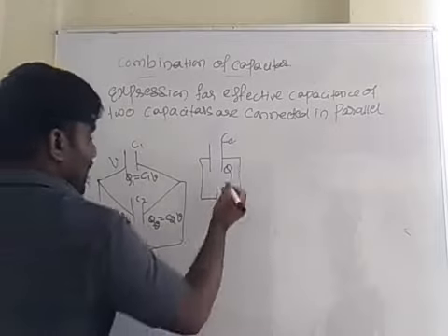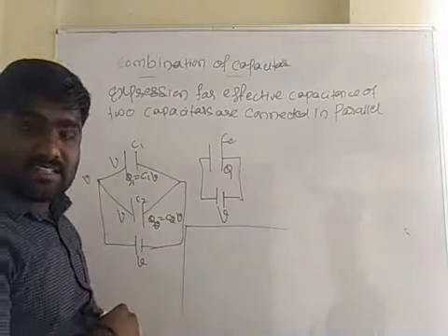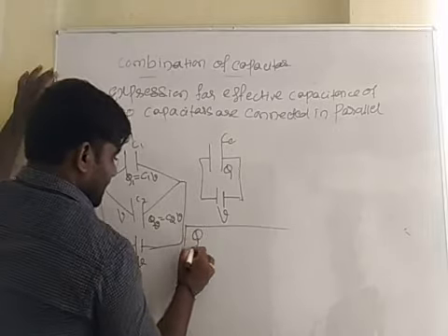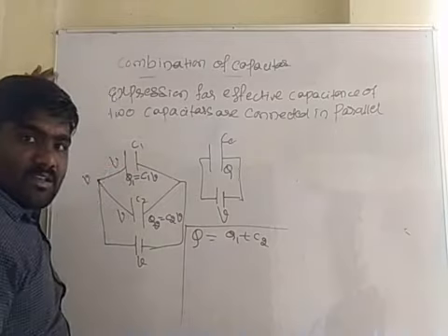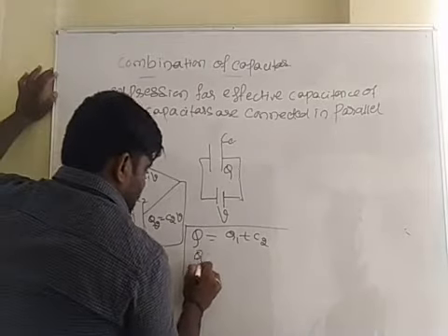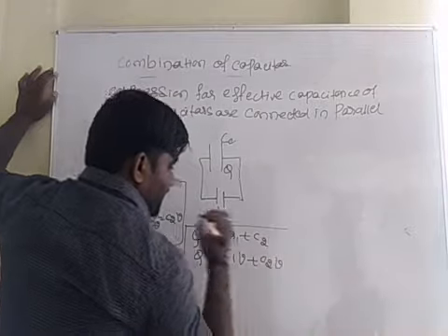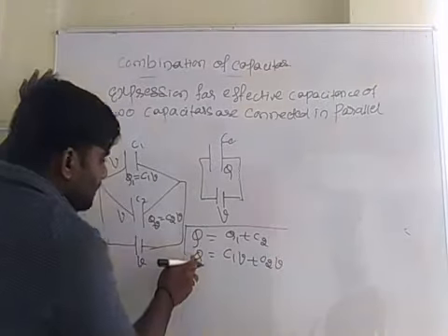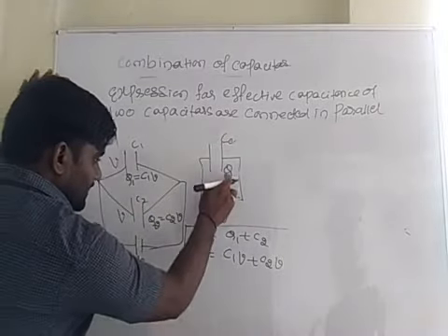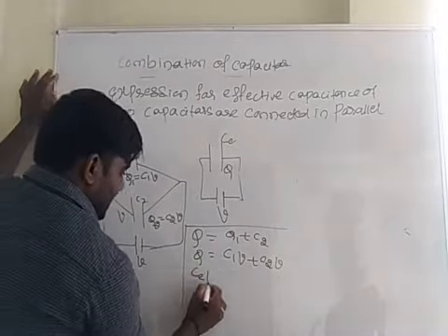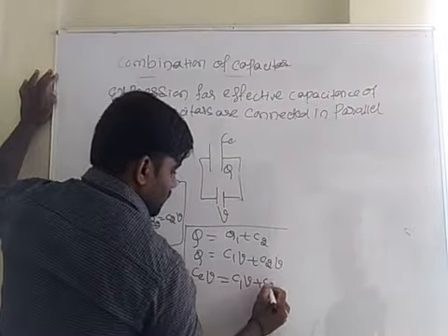See what I told initially, charges are changing. Directly I am taking Q is equal to Q1 plus Q2. Then Q is equal to C1V plus C2 into V. So for effective capacitance, CE into V is equal to C1V plus C2V.